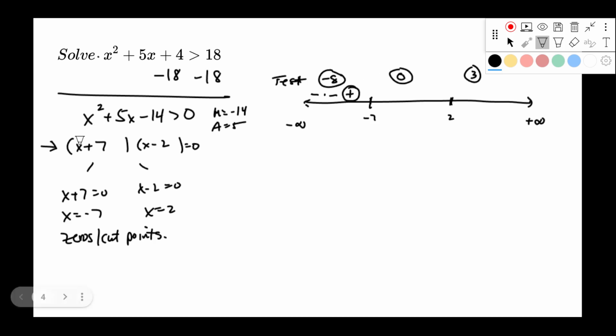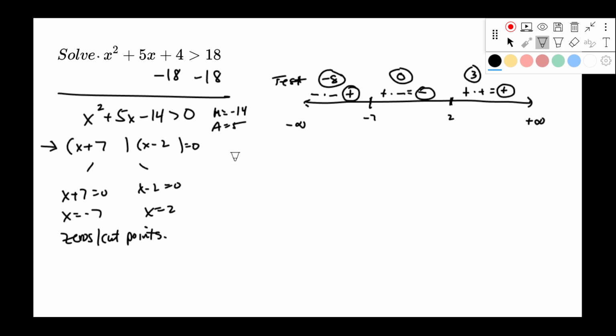If I put 0 in, 0 plus 7 is a positive answer. 0 minus 2 is a negative answer. A positive times a negative is a negative result. If I put 3 in, 3 plus 7 is positive. 3 minus 2 is positive. Positive times a positive is a positive number.